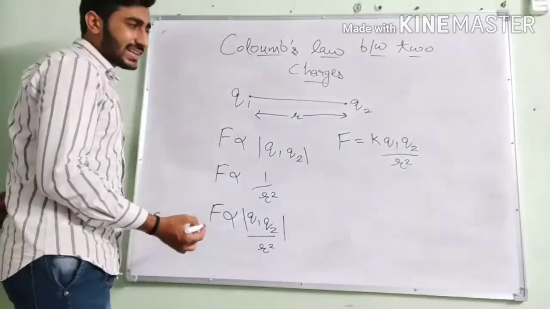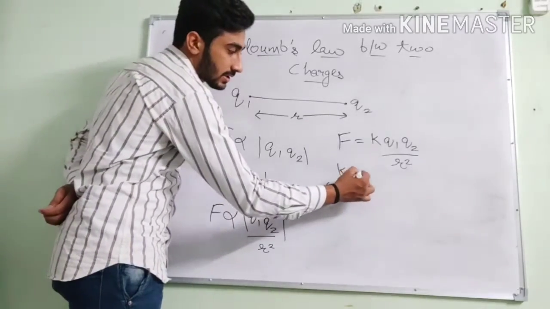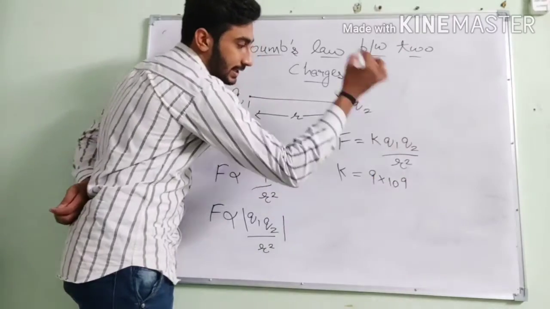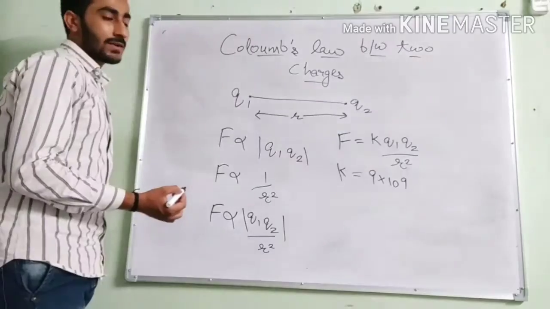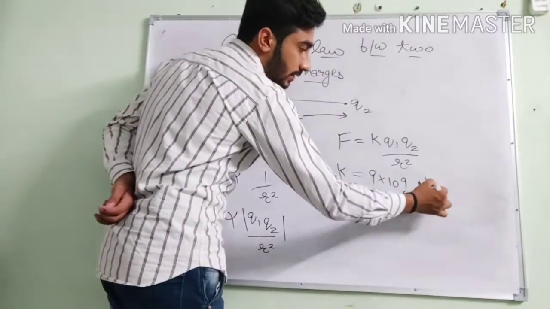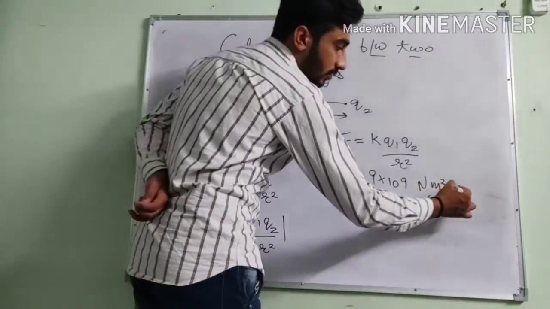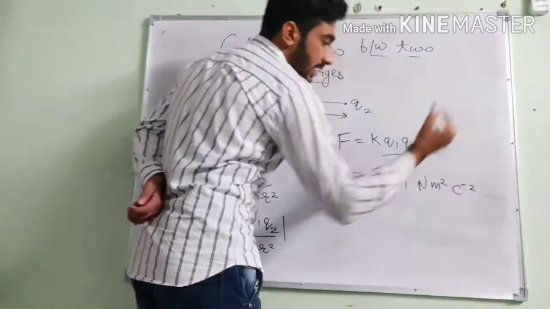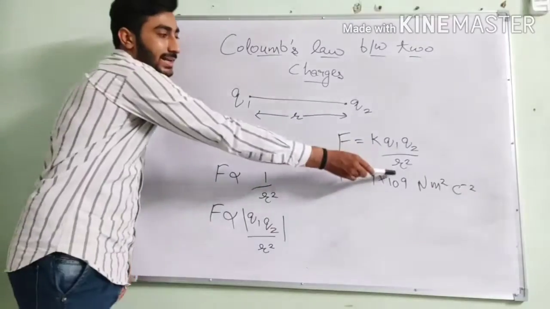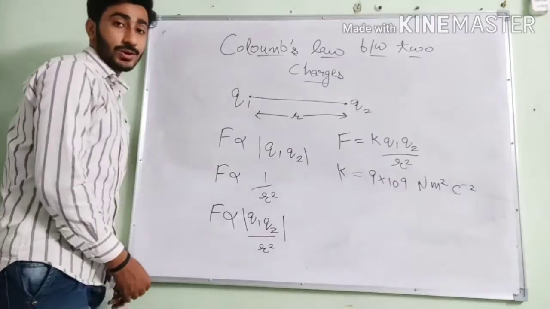Where K is a constant, the value of K is 9 into 10 raised to power 9, and the unit is Newton meter square per Coulomb square. As we know, the unit of charge is Coulomb, distance is meter and force is Newton.